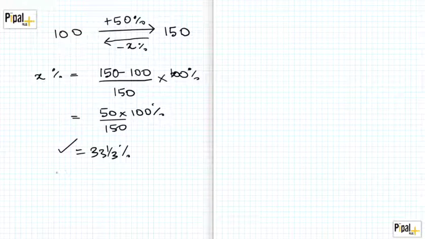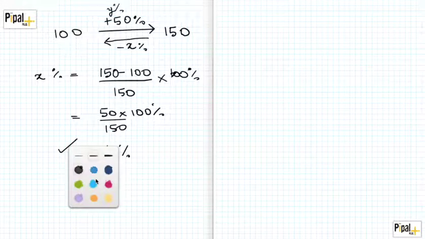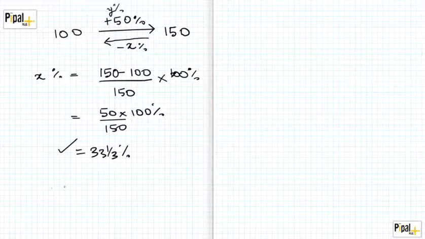The formula for computing the new percentage by which I must decrease the new quantity is as follows. Let's say the increase was Y percent.